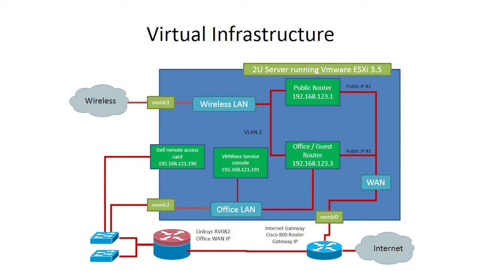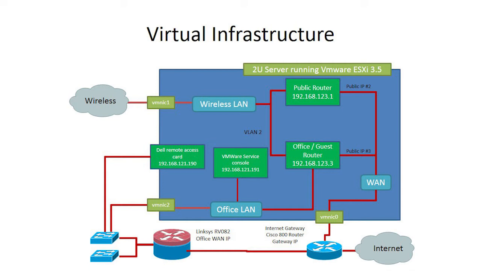That comes into the gateway router, which is provided by the cable company that gives us our multiple public IP addresses, and that connects directly to the wide area network connection for the office guest router and the public router, and then the second network interface on the blue thing, the whole ESXi server, connects to the office LAN.